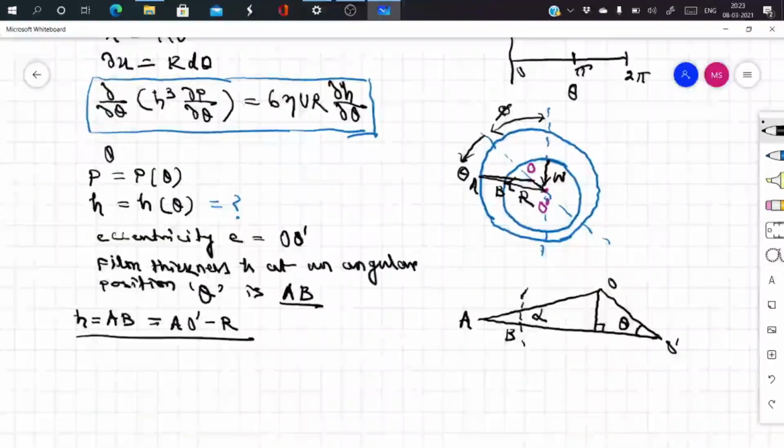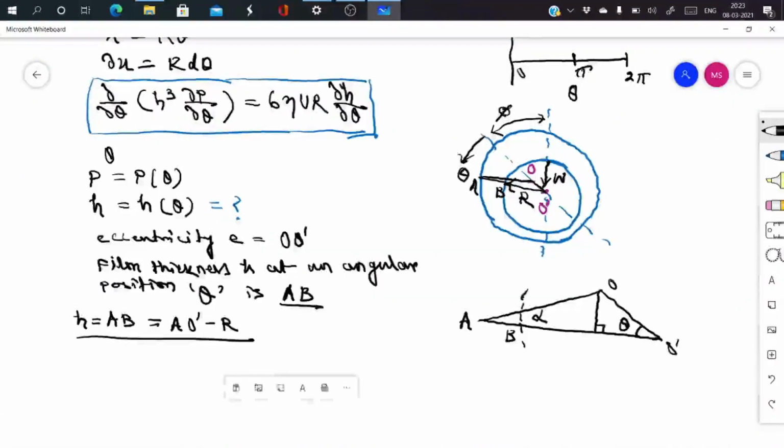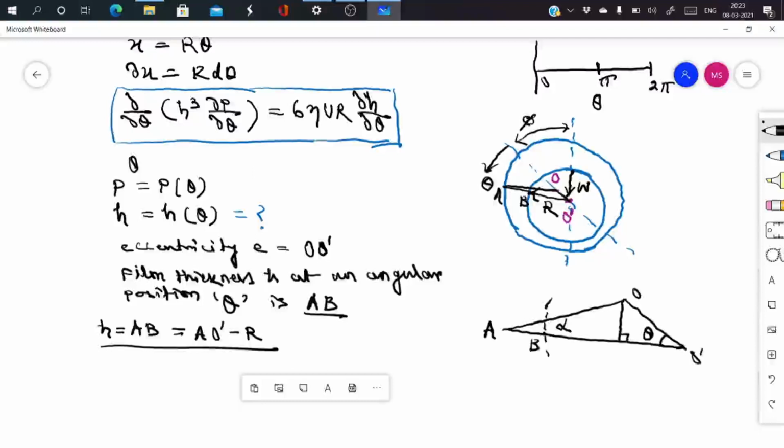Now looking at this figure, we can write AO dash equal to AO cos alpha plus E cos theta.